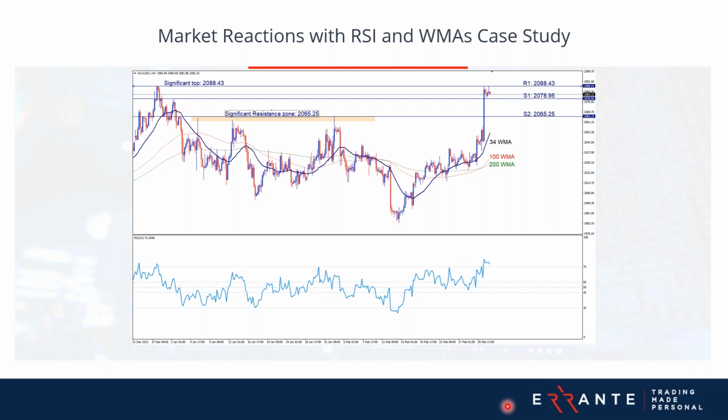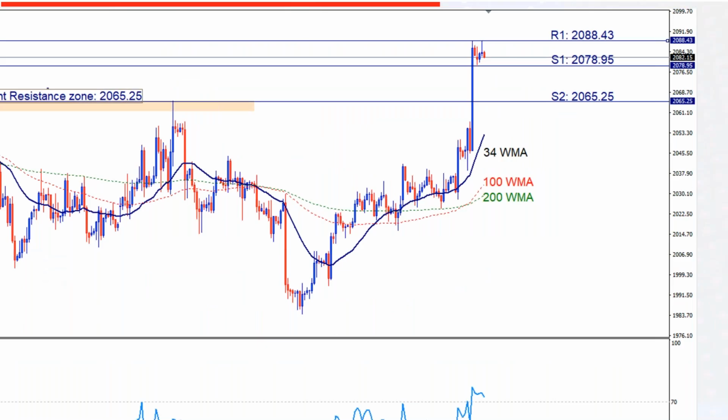Further down, the significant resistance zone at 2065.25, which may now serve as a support level, presents a secondary target for the pullback.